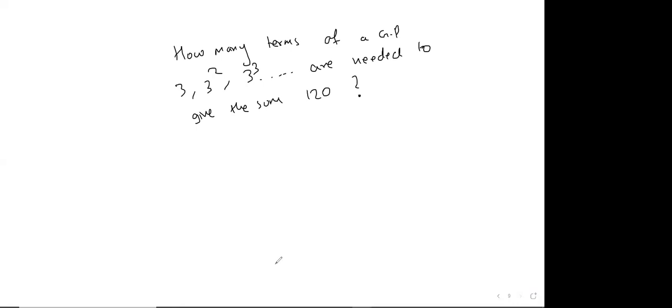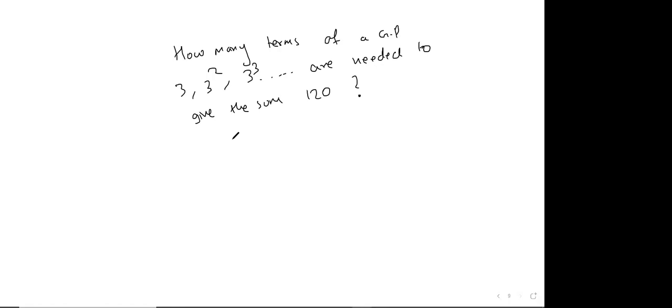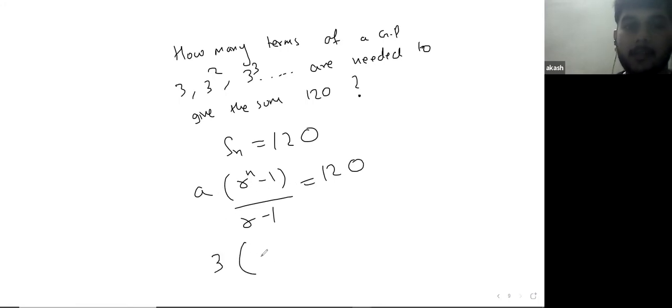Sir, Sn is equal to 3 into 3 raised to 120 minus 1. All right. See, you can use the formula A r^n minus 1 over r minus 1 equals 120. The value of A is 3, r is 3, so 3 into 3^n minus 1 over 3 minus 1 equals 120.